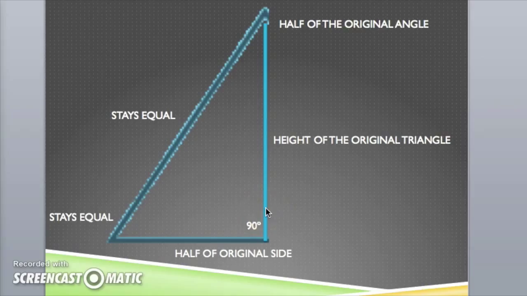Since it is a straight line and this one is 2, it is perpendicular, and we have a 90-degree angle. And this measure is half of the original side. The original side was 2 units long, and this one is 1 unit long. And this angle stayed equal as a 60-degree angle, and this side stayed equal as a 2 units long side.